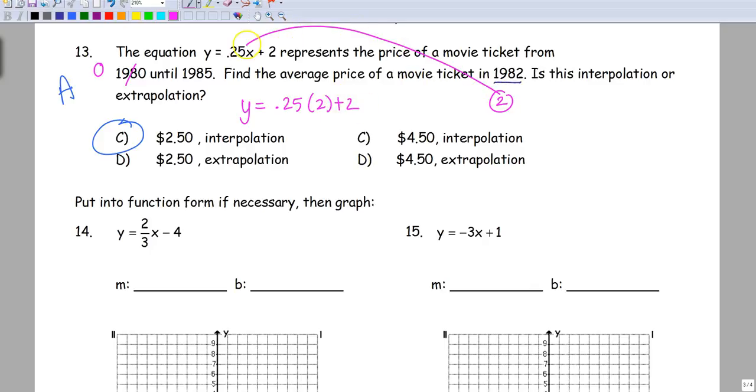So 2 just plugs on in. That is going to give you 0.50 plus 2, which is 2.50. Now, in terms of interpolation, 1982 is between these data ranges. So that means it's interpolation.